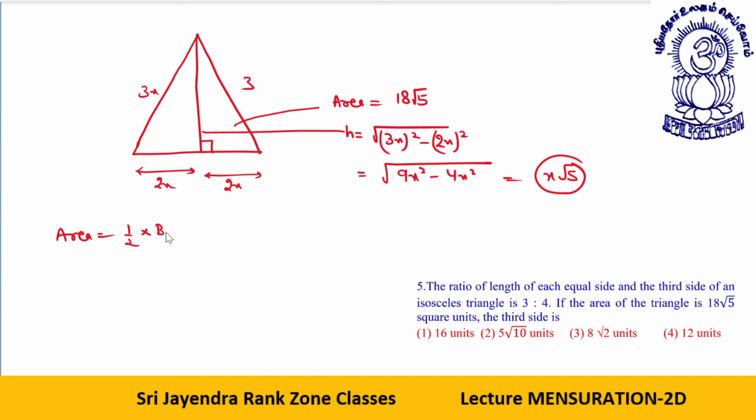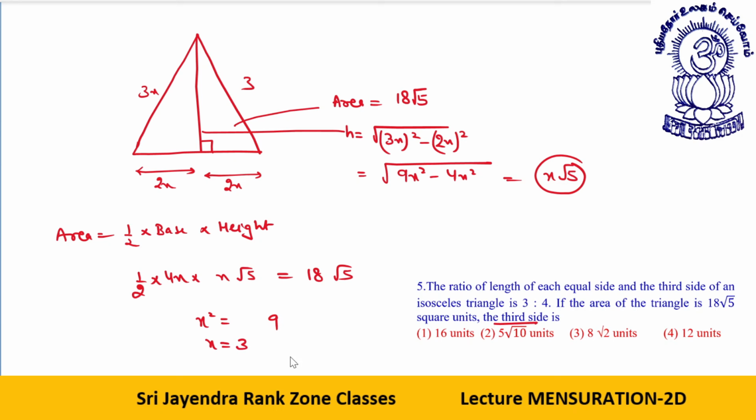Now what will be the area? Half into base into height. Half into base is 4x into height is x root 5. This is equal to 18 root 5. Root 5 and root 5 cancel. 4 cancels with 2 to give me finally x square. Can you do the calculation? X square is equal to 9 or x is equal to 3.